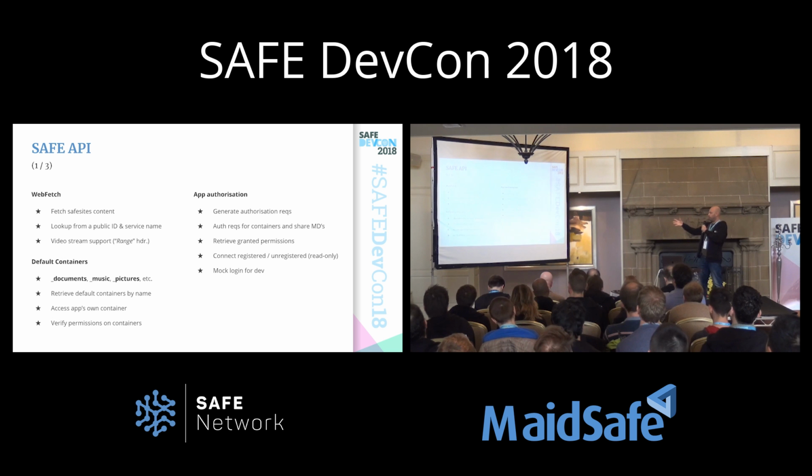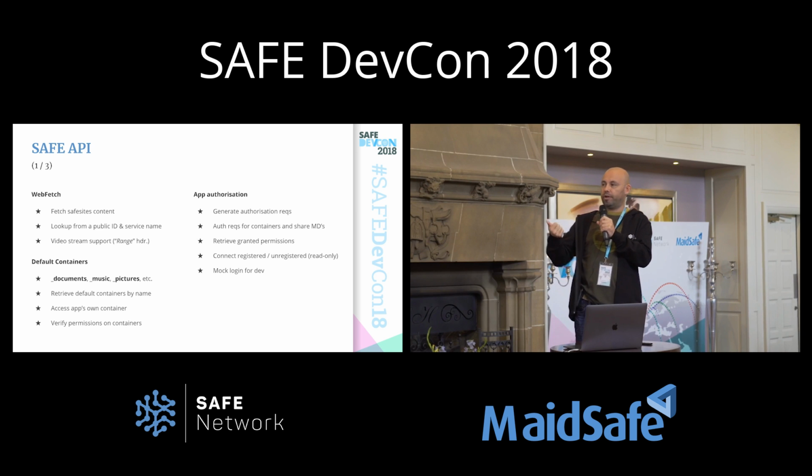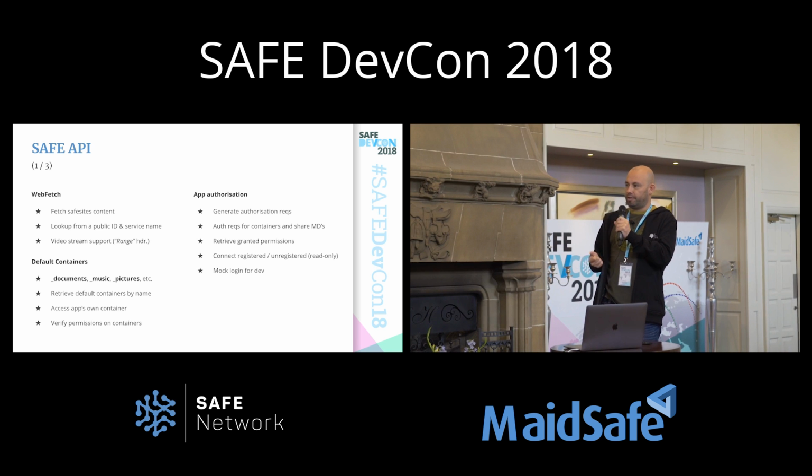Then we have all the functions related to accessing the default containers that I was just talking about, and being able to retrieve them by name, and also verify which is the set of permissions that the user has granted to the app for those containers. And if the app requested its own container, it can also retrieve it with this type of functions exposed in the API.